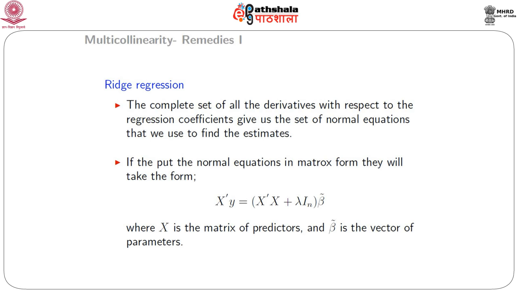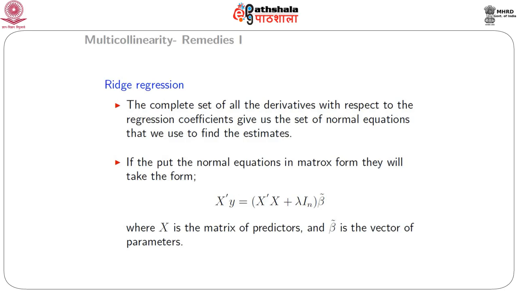Now if we put the normal equations in matrix form, they will take the form X prime y equals X prime X plus lambda times I n whole times beta tilde, where X is the matrix of predictors, beta tilde is the vector of parameters, I is the identity matrix, and lambda is called the Lagrangian multiplier.